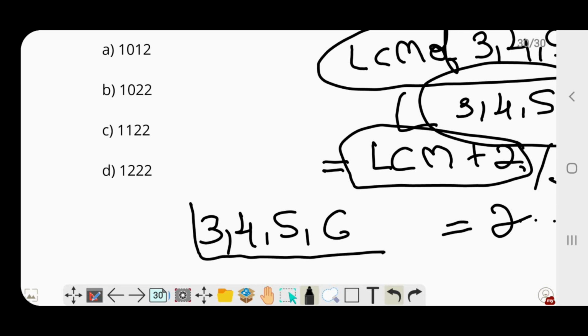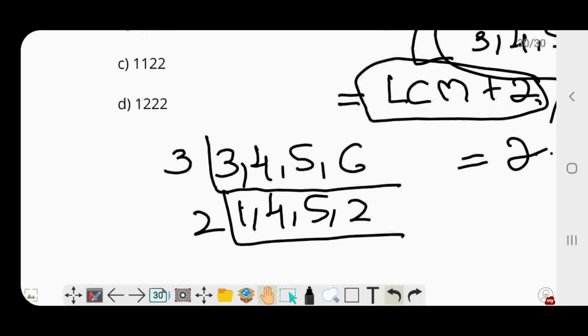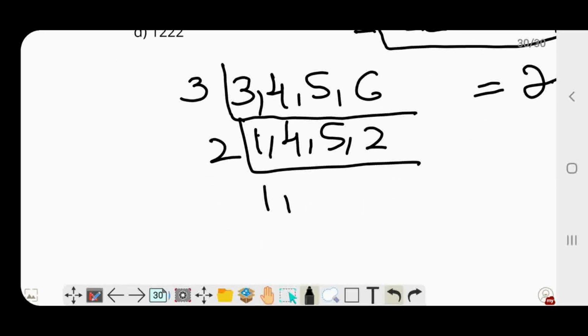You can just work it out mentally, or you may just know it, but still for explanation purposes I'm working it out. I'll take 3. I can see 3 as a common thing in 3 and 6. That leaves 1, 4, 5 and 2. I can see 2 as a common thing, so I'll take that out. 1, 2, 5 and 1.